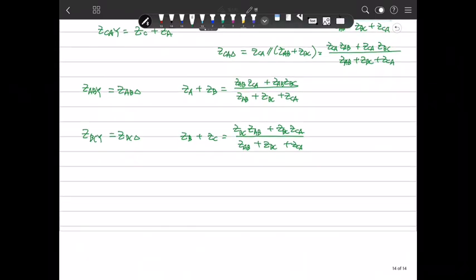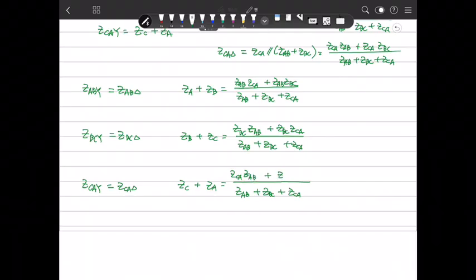And last, GCAY should be the same as GCA delta, so GC plus GA equals GCA GAB plus GCA GBC over GAB plus GBC plus GCA. We define these as equation 1, equation 2, and equation 3.